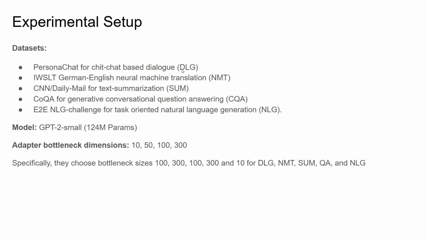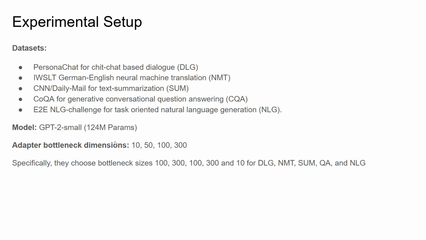Now, the data sets they use are these five data sets. So DLG is a dialogue data set, and then for NMT, which is neural machine translation, they use this German to English. For summarization, which they call SUM, they use CNN Daily Mail text summarization. For conversational question answering, they use the CoQA dataset. And then for natural language generation, they use the end-to-end NLG challenge. As for the model, they use GPT-2 small, which is 124 million parameters.